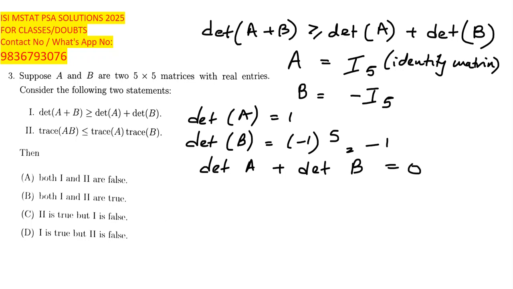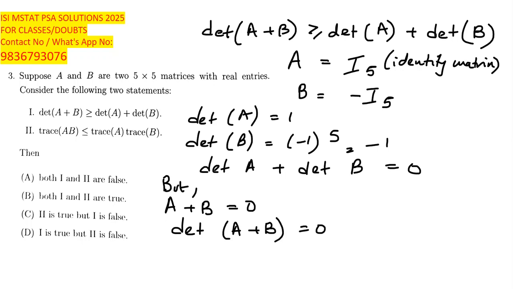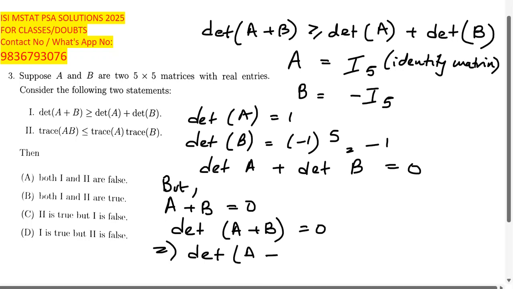But A plus B is equal to 0, so the determinant of A plus B is equal to 0, which equals the determinant of A plus the determinant of B.